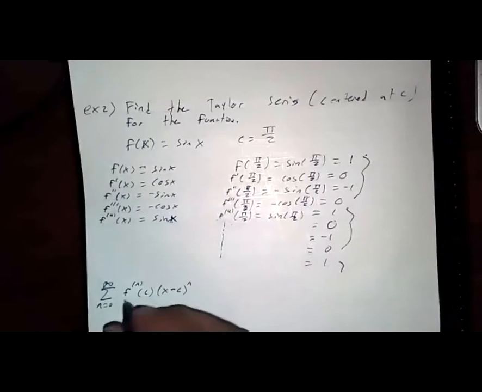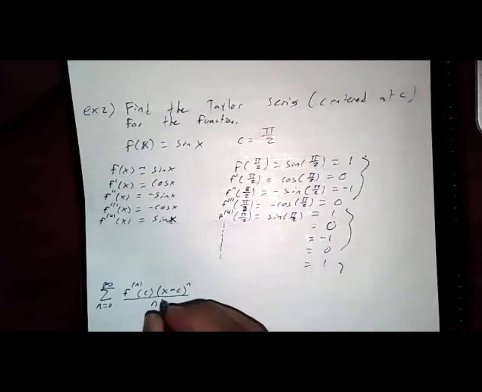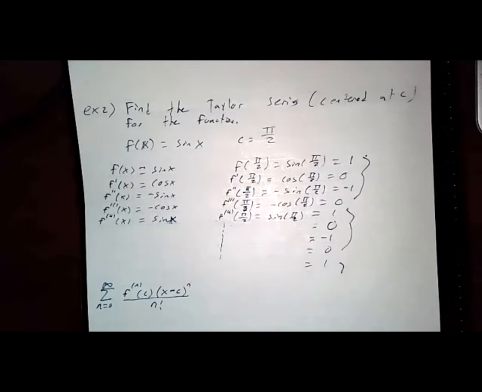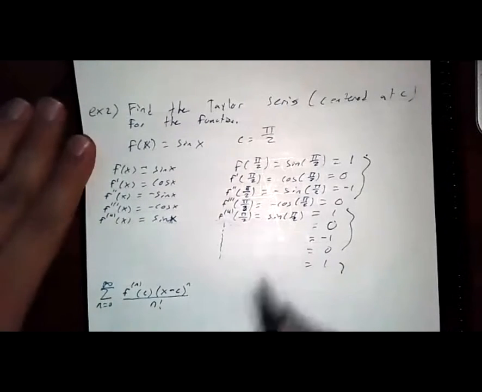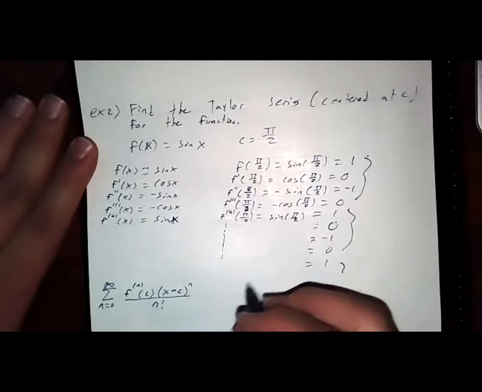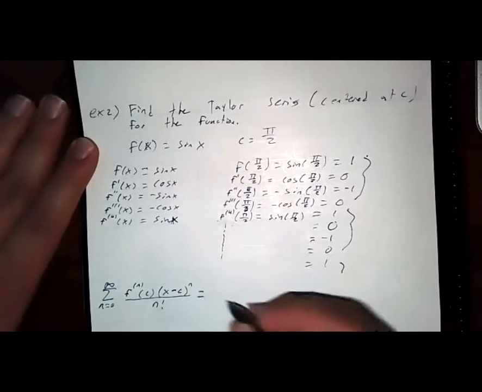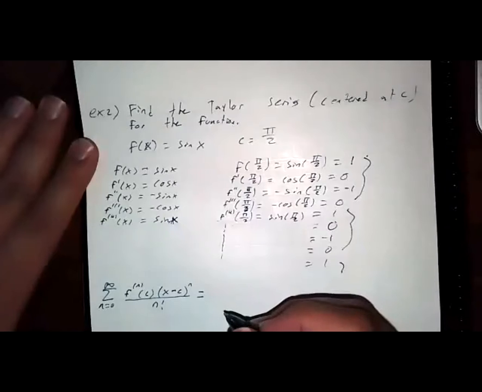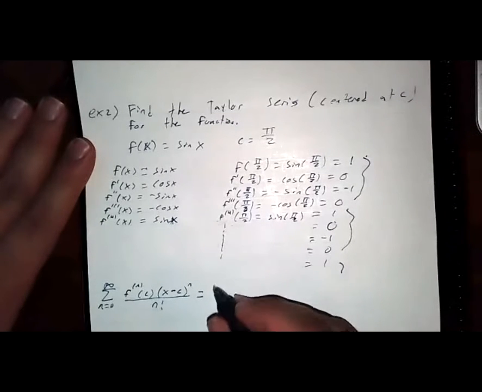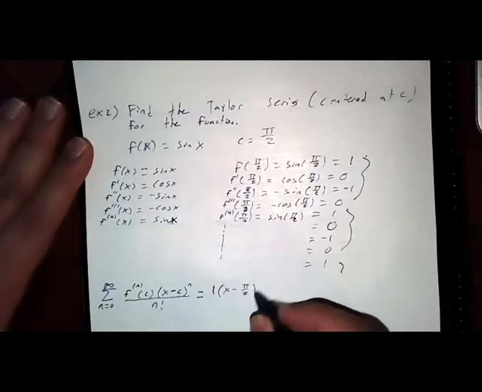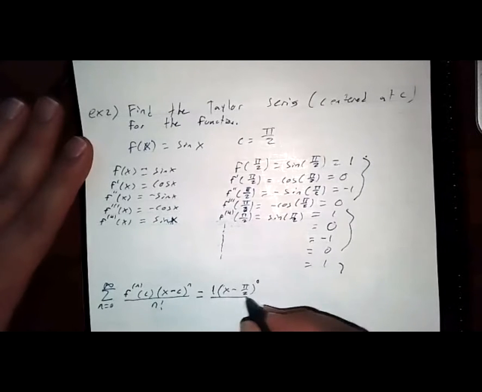Here's the formula. So that would equal, well, first one is 1, so 1 times x minus pi over 2, because that's my c, to the 0 over 0 factorial.